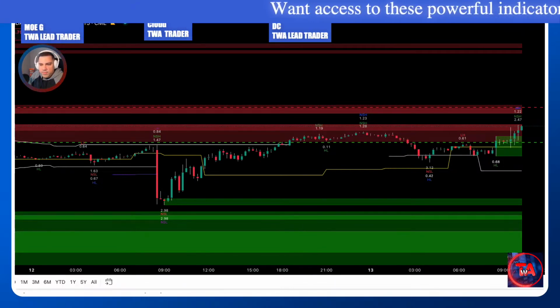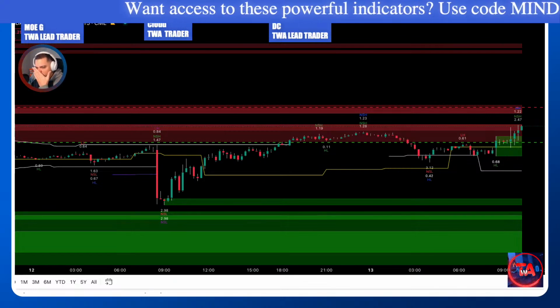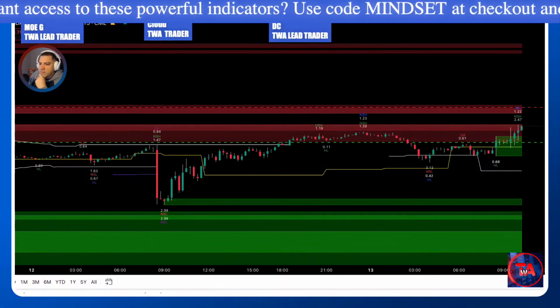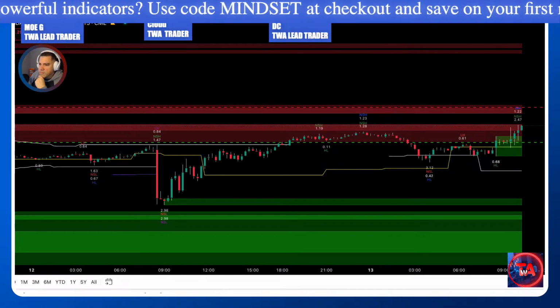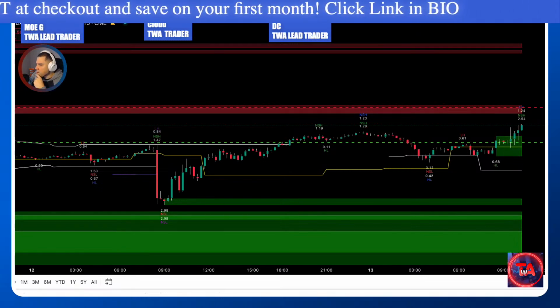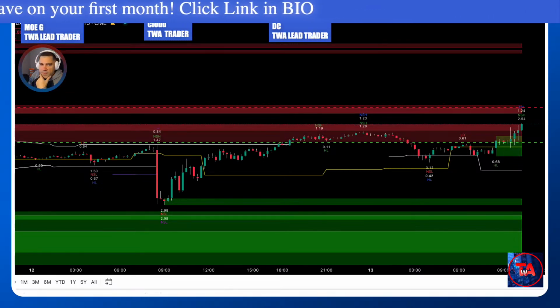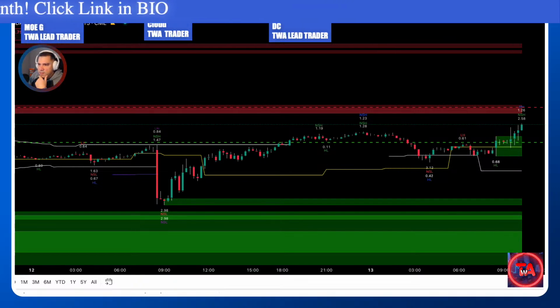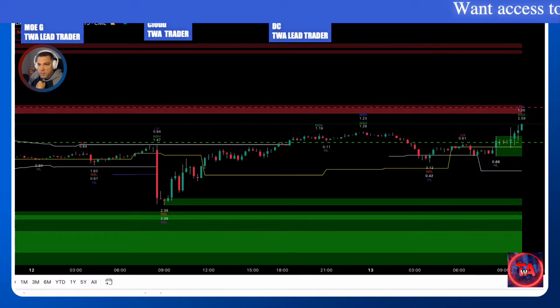For me, the market structure is a deserted island kind of indicator. It's one of the indicators that I would take if I had to choose. Just so everybody knows, DC is the one who taught me about market structure.